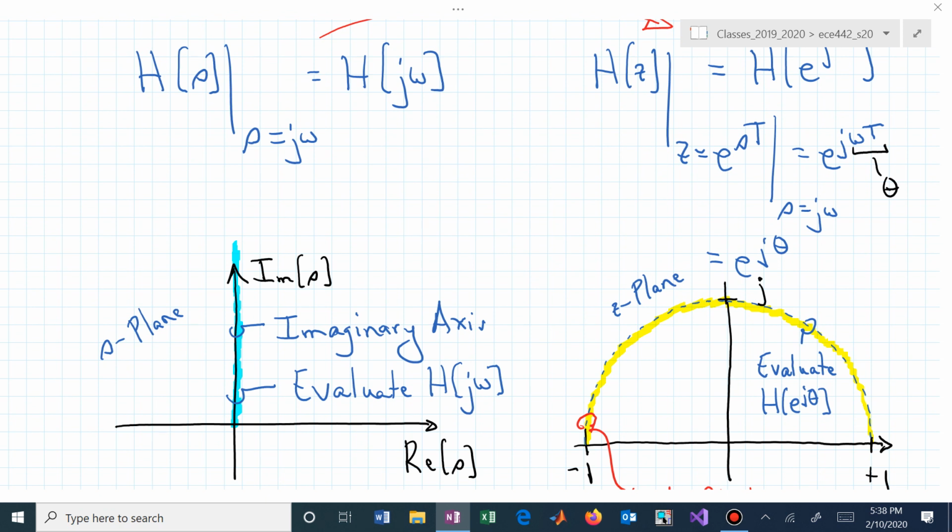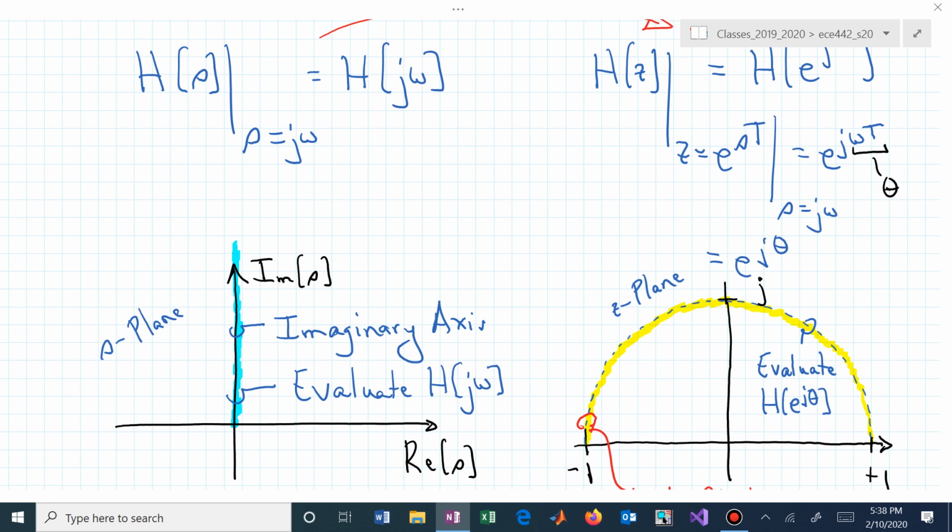We're really just evaluating the transfer function H of s along that blue shaded positive imaginary axis in the S-plane. That's what gives us H of j omega.